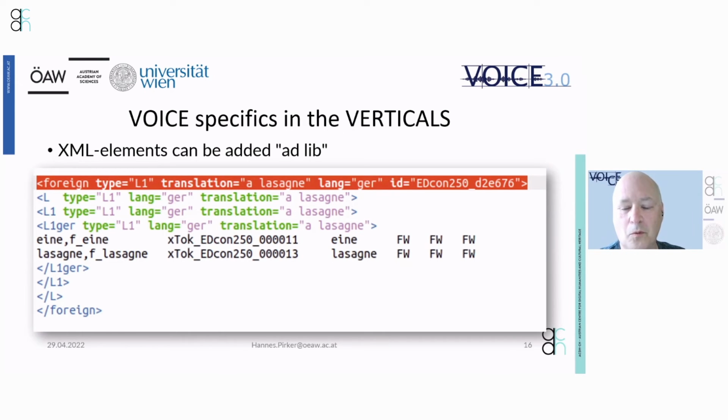But in addition, we just automatically added the 3 other types. So for foreign type L1, we just added, as you see, that tag for L, one for L1, and then one for L1.